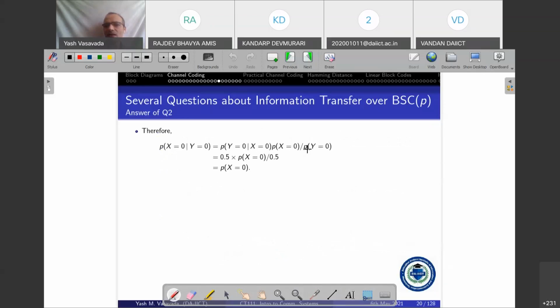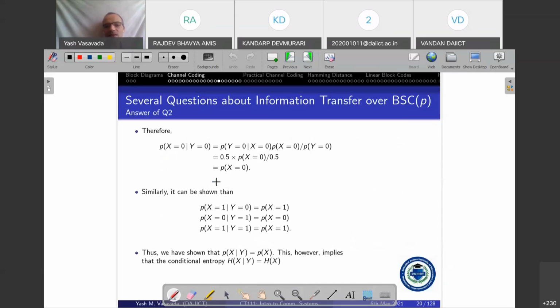The denominator also is 50%. So that 0.5 cancels out and you are left with the prior on x. This is for the case when x and y both are 0. But the same math can be shown for the remaining 3 cases. And therefore, we say that the conditional probability of x given y is the same as probability of x.